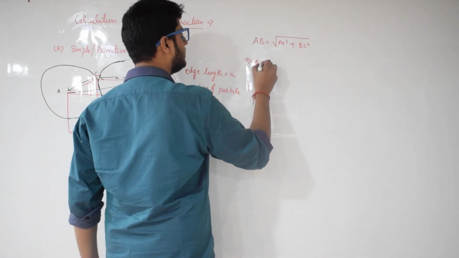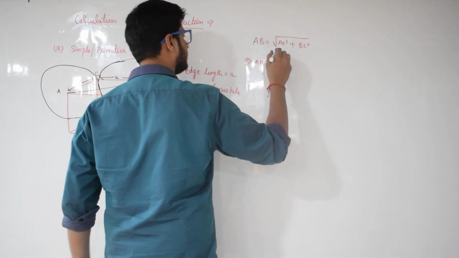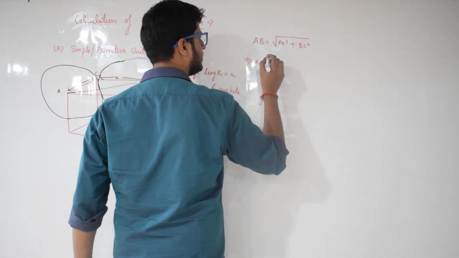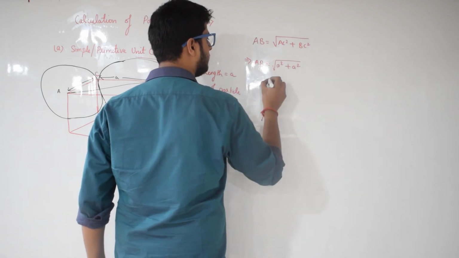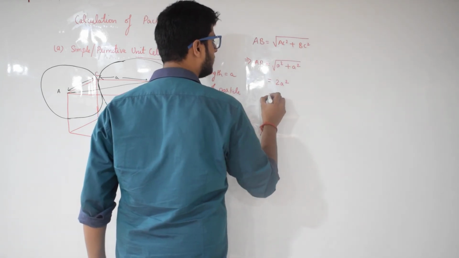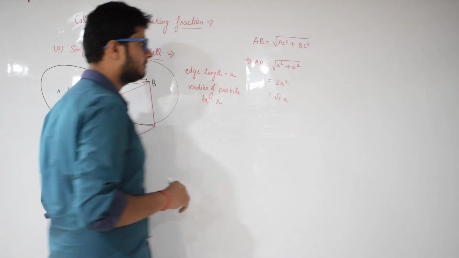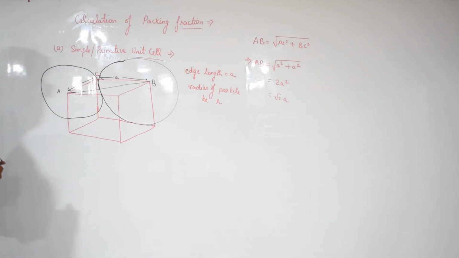We know that AC is A. So, it would be A square plus A square, which is equal to 2A square, so AB would be equal to root 2 A.